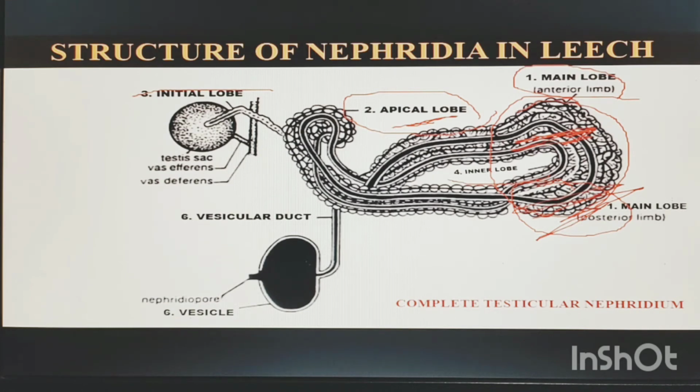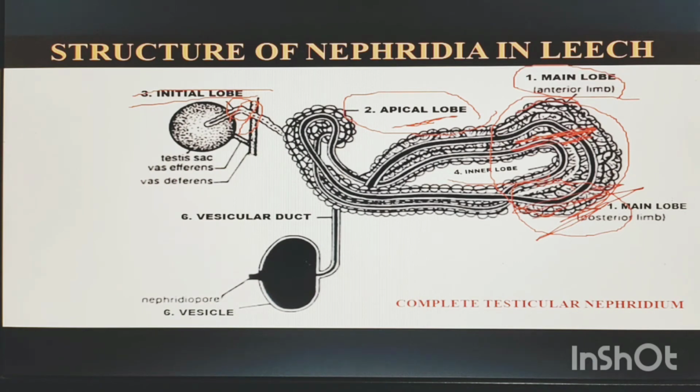Third part of testicular nephridium is initial lobe. This part is called initial lobe. It runs as an extremely long, narrow, transparent and cord-like structure formed of a single row of elongated tubular cells and closely coiled around the apical lobe.